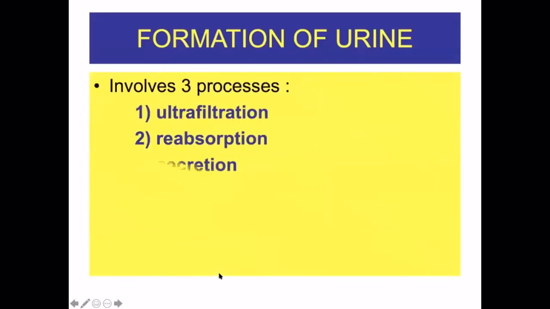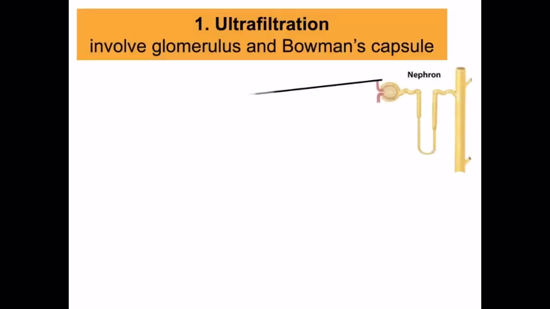Okay, here. Okay, so that process is called as ultrafiltration, where we know that it involves in glomerulus and Bowman capsule.